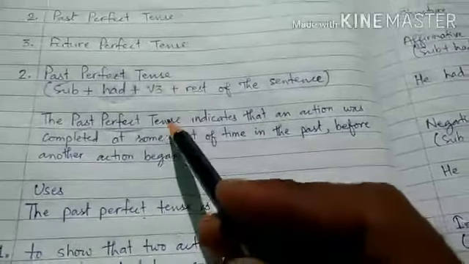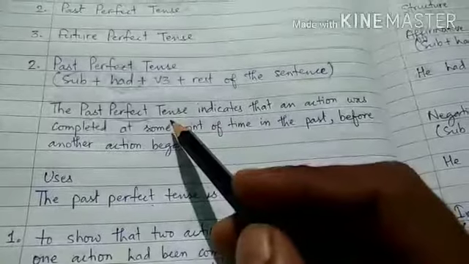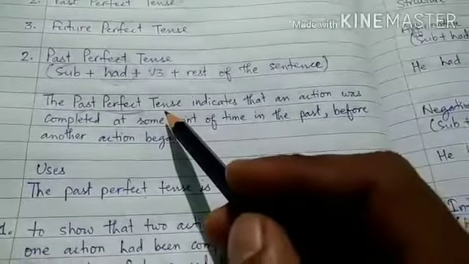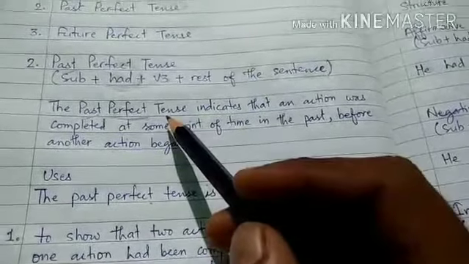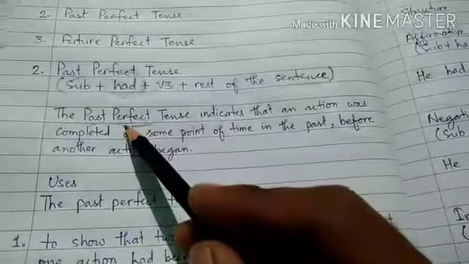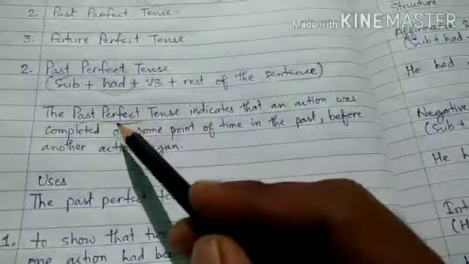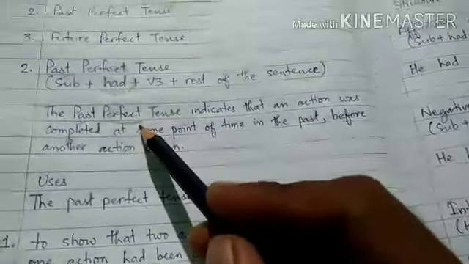Now here we have to understand the order of tenses also: in the past perfect tense we express two actions, in which the earlier action is expressed in the past perfect tense and the later action is expressed in the simple past tense.